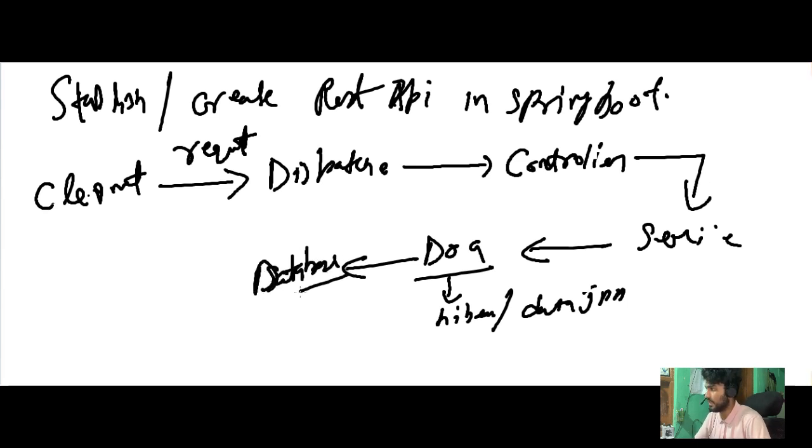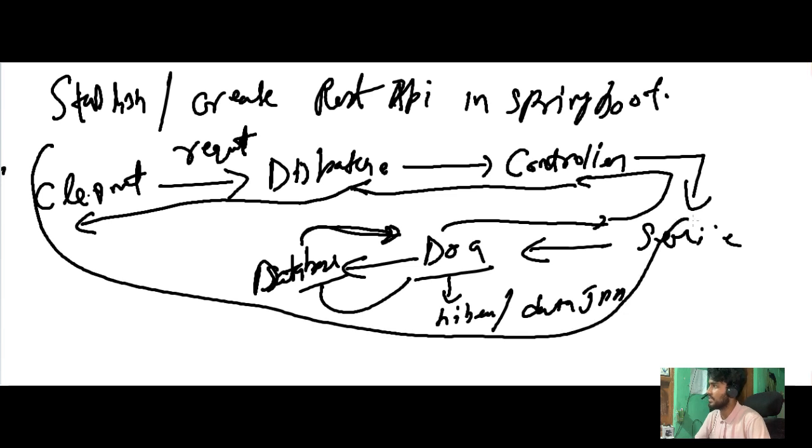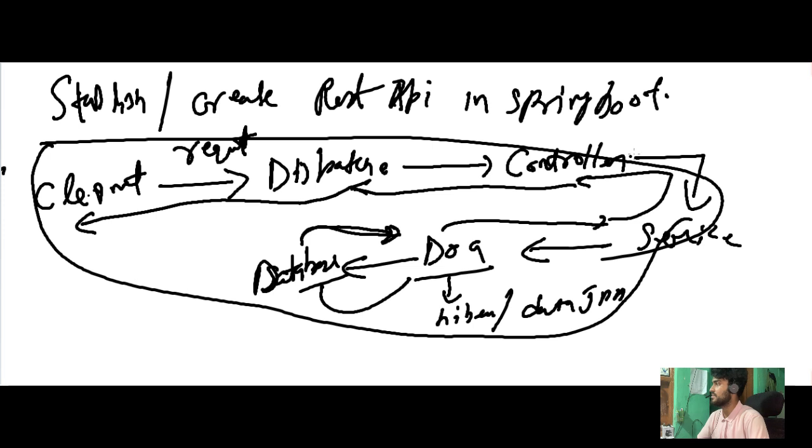If we want some data, then the database gets back to the DAO, then the DAO responds back to the service, then the service responds back to the controller, then the controller responds back to the dispatcher servlet, and the dispatcher servlet sends it to the client. This is how the REST API works in Spring Boot with the help of HTTP methods.